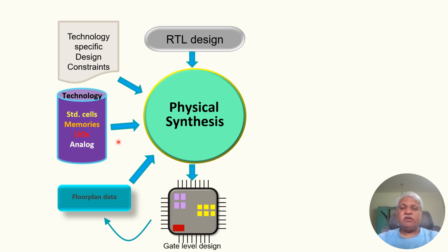These macros can be either memories or analog blocks or anything. If you are providing their placement locations and the specific instance locations of this design as floor plan data to this physical synthesis tool, physical means you are providing the placement and orientation, all that information of the macros. That is why it is called physical synthesis.